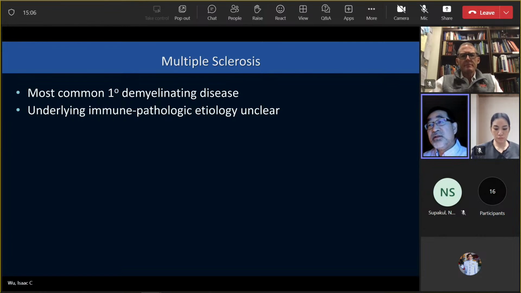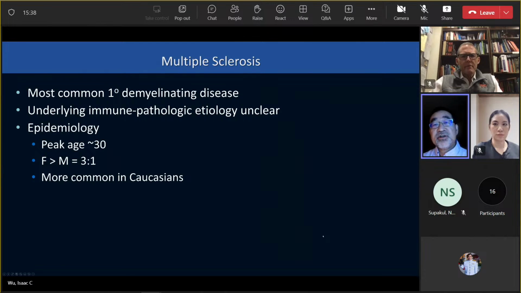But just briefly, the reason everybody knows about MS is that we study it since before medical school, and it's the most well-studied demyelinating disease because it's also the most common primary demyelinating disease in number. Despite how well it's been studied, the underlying immunopathologic etiology remains unclear. There are no specific biomarkers, unlike some of the other demyelinating processes, as you will see in a little bit.